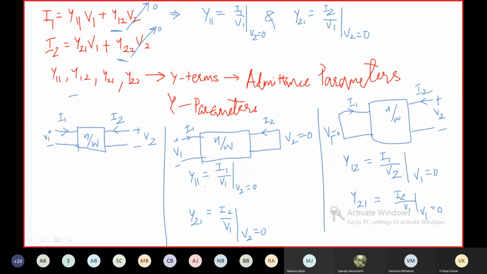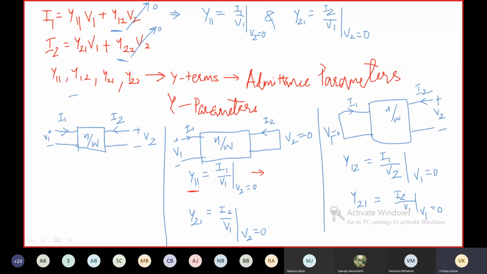Y11. Y11 is called short circuit input admittance because you are going to find Y11 at the input port. Y11 is equal to I1 by V1. You are going to find admittance at the input port. That's why, by short circuiting port 2, you are getting Y11, right?